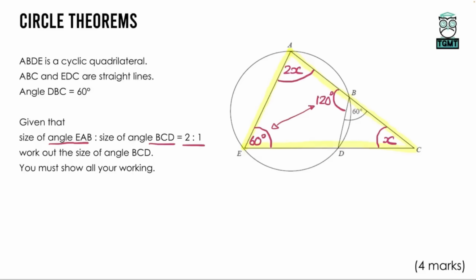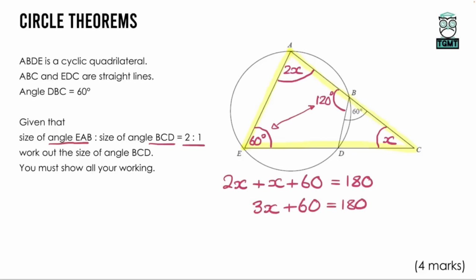So now that we've written those two angles in terms of algebra, we can actually form an equation. We have 2x plus 1x plus the 60, and we know that all of those combined have to equal 180 degrees. If we simplify that, we get 3x plus 60 is equal to 180.